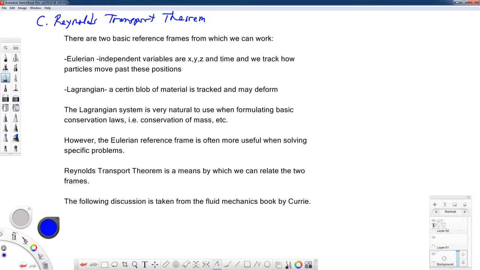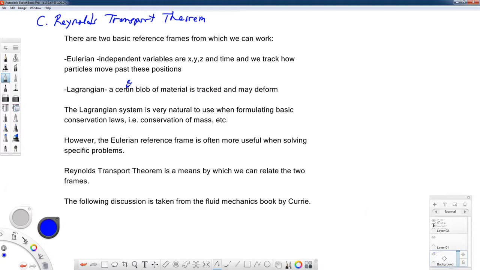The other type of reference frame that we can use is the Lagrangian reference frame, and that's to say a certain blob of material is tracked, and it may deform. Now the Lagrangian system is very natural to use when we're formulating basic conservation laws.